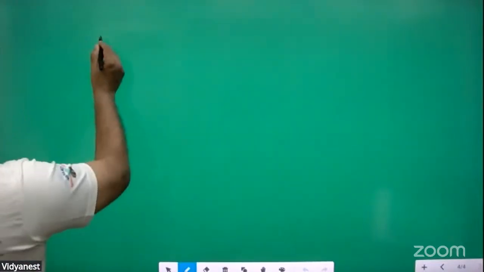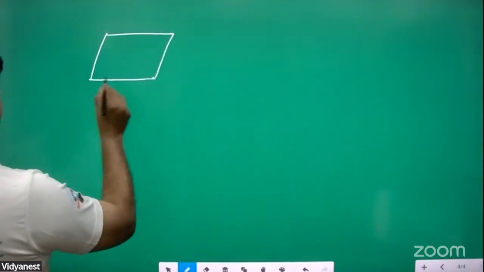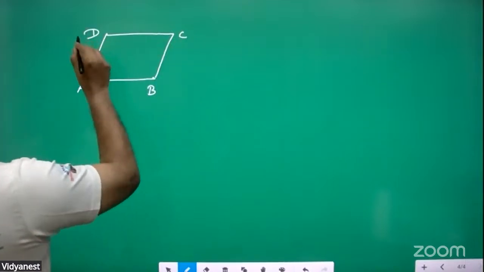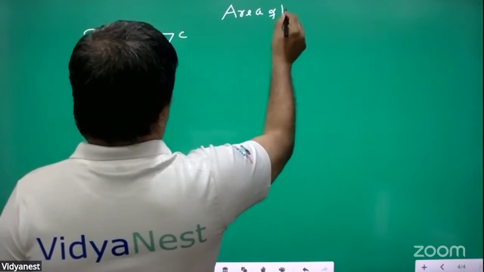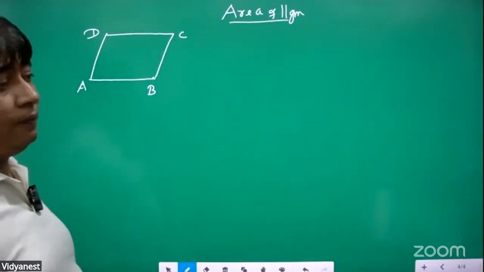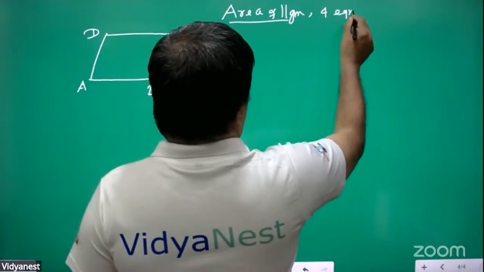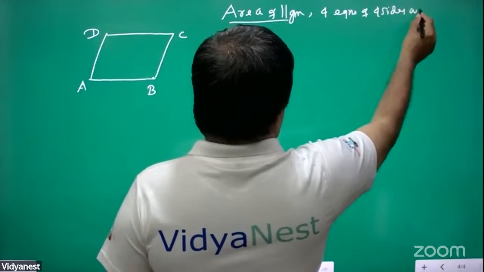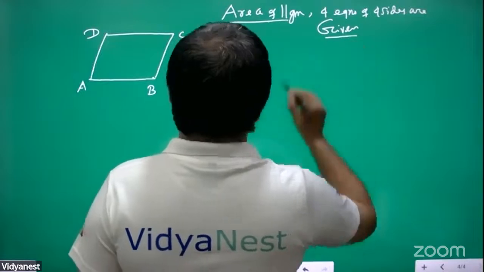Let us draw one parallelogram, A, B, C, D. Now the topic is the area of a parallelogram whose four equations of four sides are given.